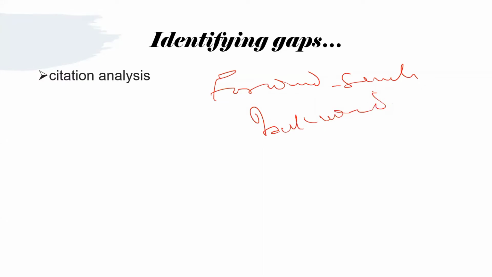Forward search, that is, you take a particular paper, you look at how many people already cited this paper. You see? Because if people have cited this paper, then try to see maybe those people, they have done what this guy has done, they have improved upon the gap they identified. Because this is very important. You cannot just see a paper and assume that all the listed future directions are still open.